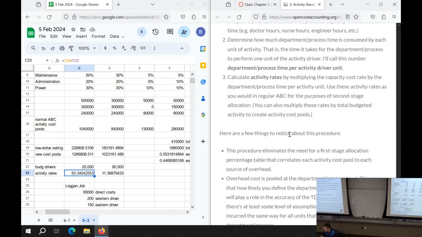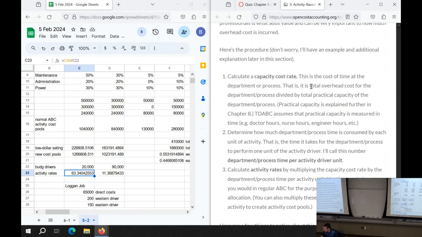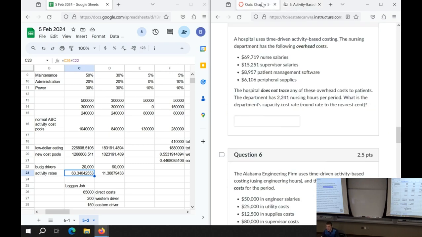is simply, where is it? The total overhead cost divided by total practical capacity, whatever it is that we're talking about. The practical capacity is whatever hours number I give you, basically. So like this department, it has 2241 practical capacity as its total nursing hours.